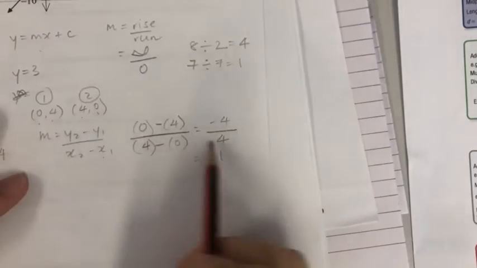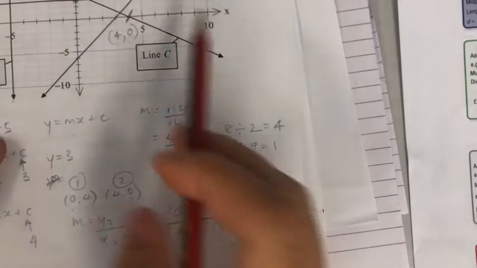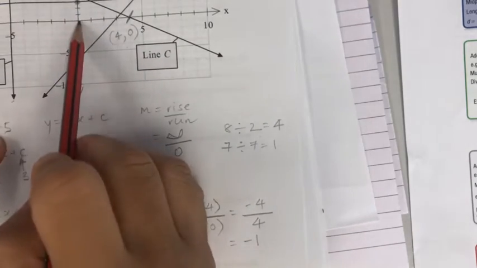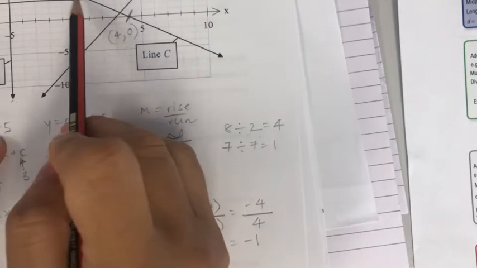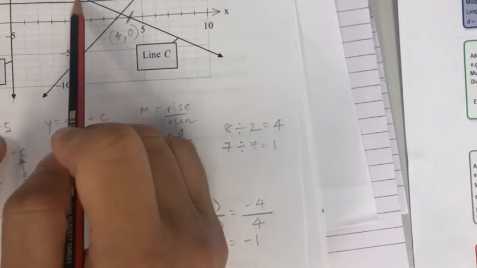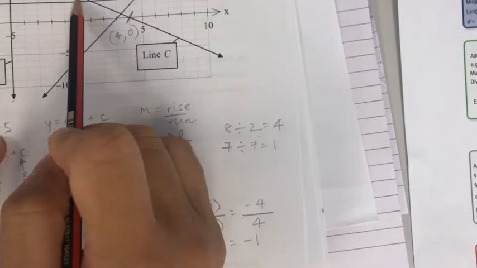You can use the formula to do that. You could look at the gradient and just look at how much the line rises as it goes forward.